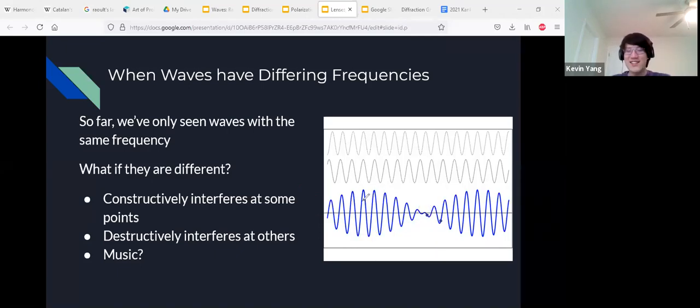I find that kind of interesting. And whenever you have two waves that are perfectly in tune, they're just going to perfectly line up with each other, and they're going to add up with each other, right?